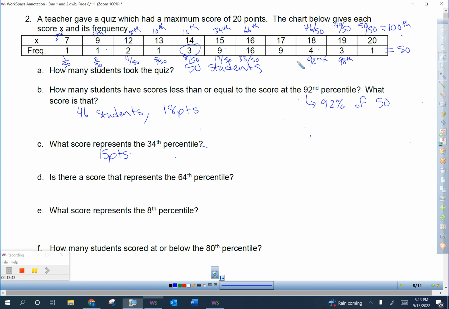And then here it was asking about the 64th percentile, so that tells us no, there wasn't, because it went ahead and skipped all the way from 34 to 66, so we are missing that little chunk in between, so you're just going to say no, there wasn't.